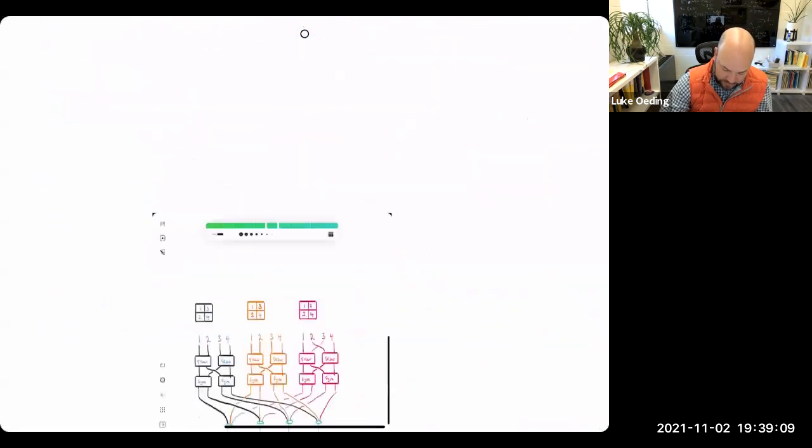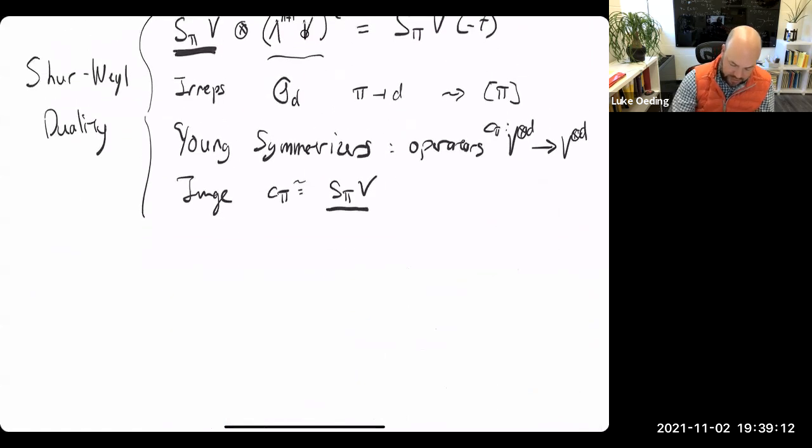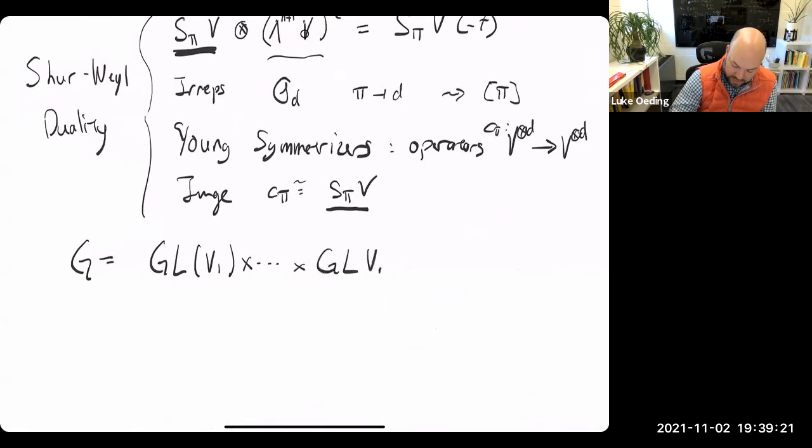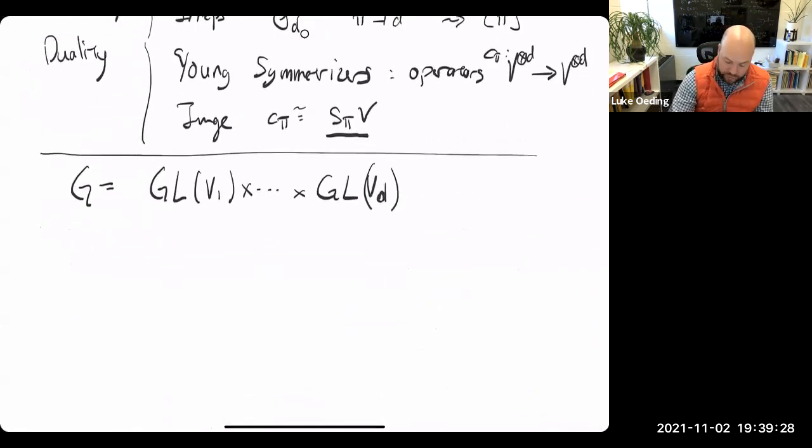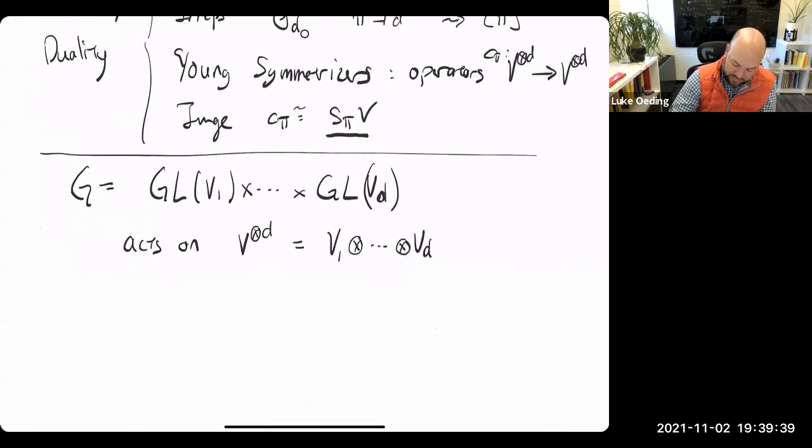Now we want to talk about the case of G equals GL of V1 cross many copies of GL of V_D, and we want to understand its representations. This acts on V tensor to the D, and we could label each copy of this V sub D. For now, I'm going to make all of my vector spaces the same.